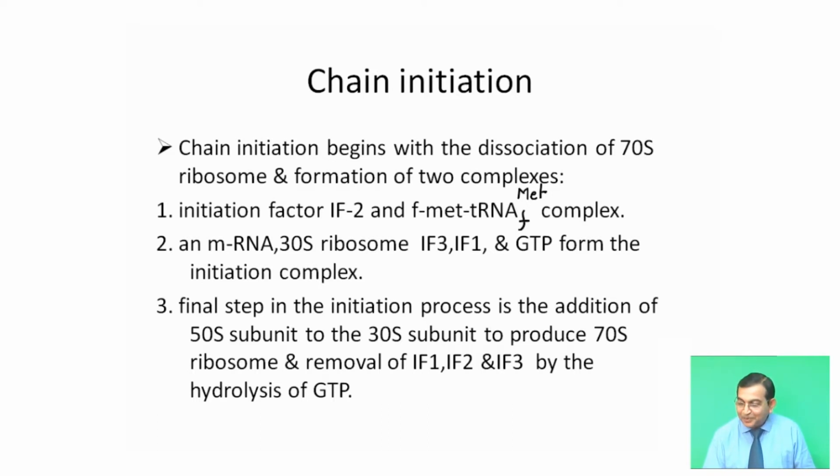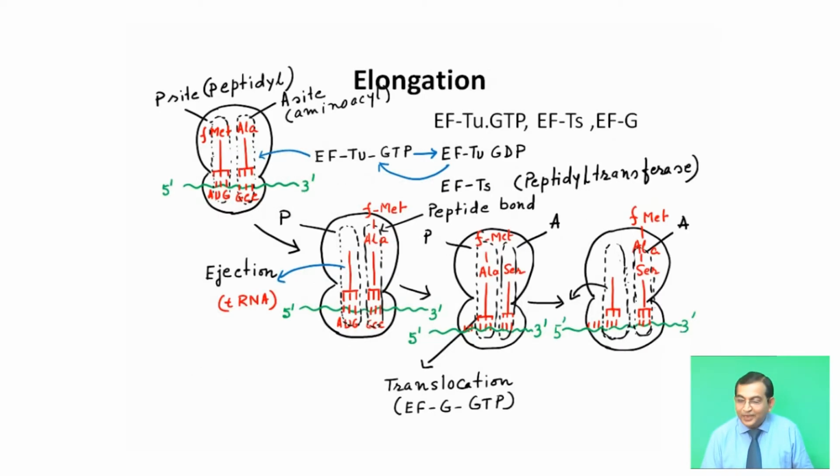The final step in the initiation process is the addition of the 50S subunit to the 30S subunit to produce the 70S ribosome and removal of IF1, IF2 and IF3 by the hydrolysis of guanosine triphosphate. Now during the elongation process, two sites are formed after the association of 50S with the 30S subunit.